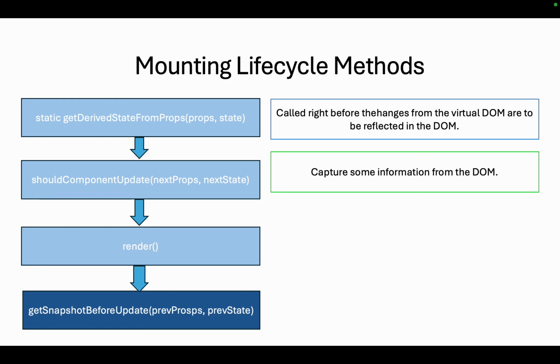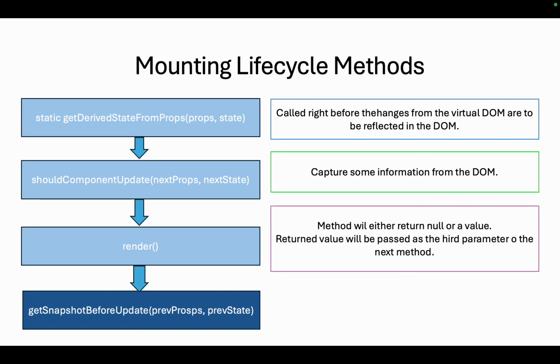For example, you have a scroll position and you want the user to be on the same scroll position once the DOM is updated. So you can use this method to capture the scroll position, perform some calculation and return some value. The value you return will go as a parameter to the next upcoming method.